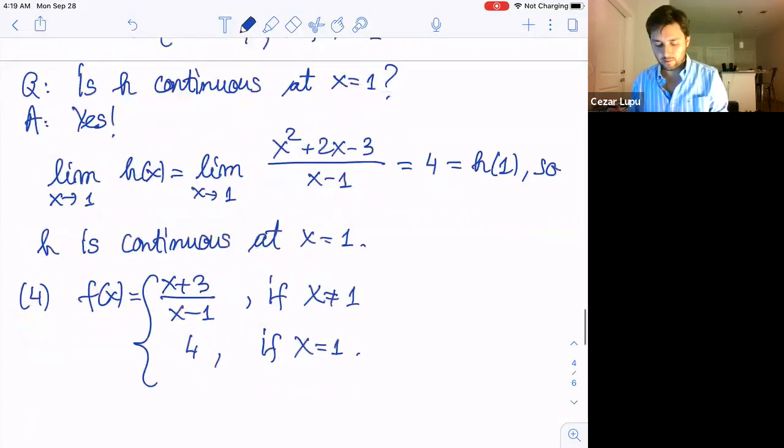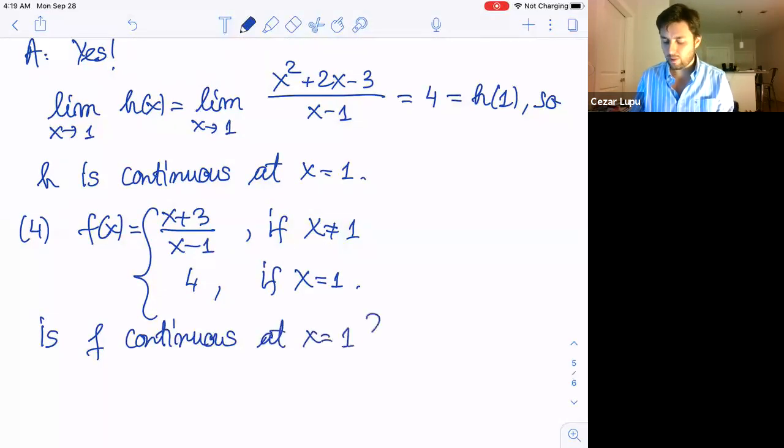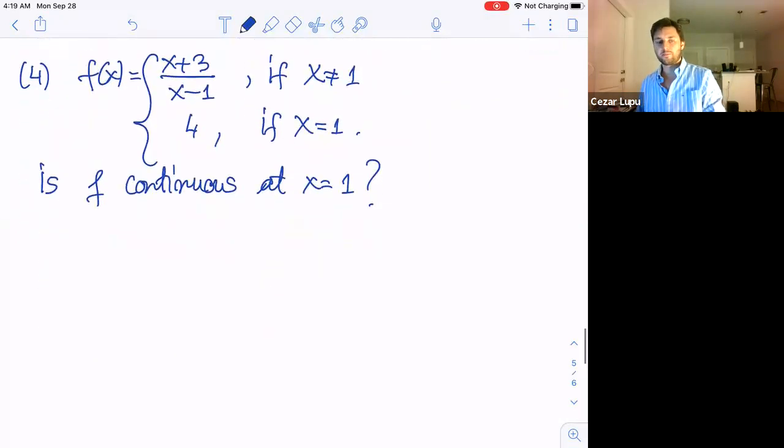The same question: is f continuous at x equals 1? That is the question we want to answer. And we should be very, very careful here.